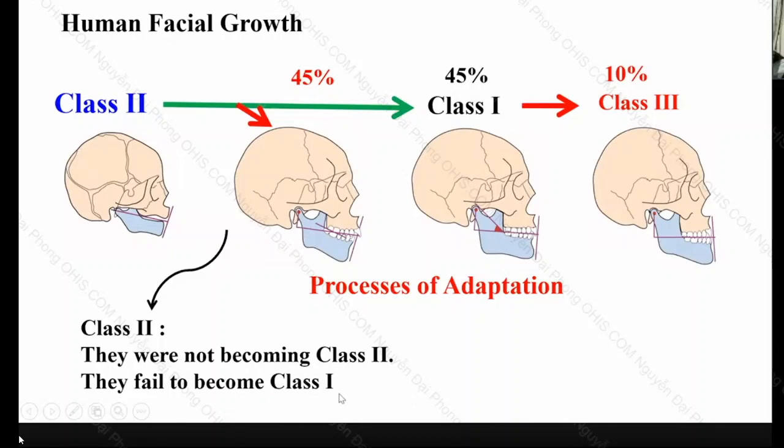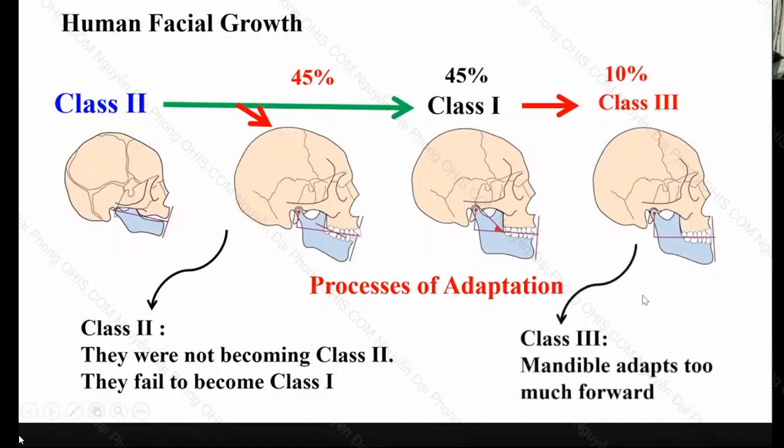We have to find out this reason, then treat that part. Class 3 is the mandible adapting too much forward. This is still the adaptation, because of too much increase in vertical dimension or too much flattening of the occlusal plane. Therefore, the mandible must adapt to a more and more forward position. That's it.